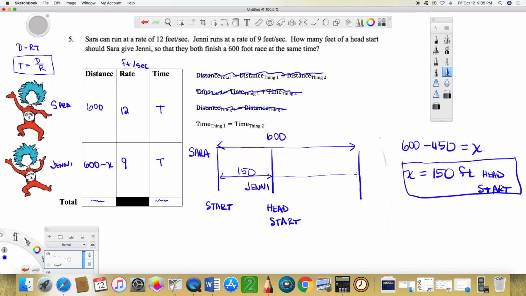And so to get to 600, here is 450. So when they say on your mark, get set, go, Sarah takes off running, but so does Jenny. They're both running, and because Sarah's faster, she's eventually going to catch up to Jenny, and she does that up here after Sarah has run 600 feet, but Jenny has only run 450 feet in that same amount of time. All right, that seems reasonable to me.